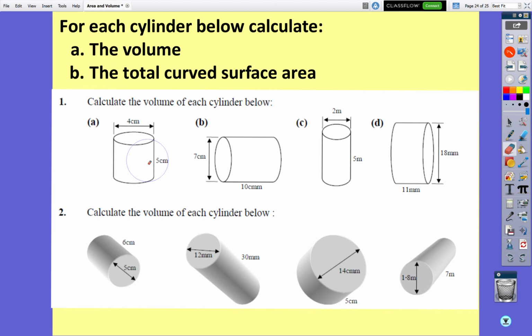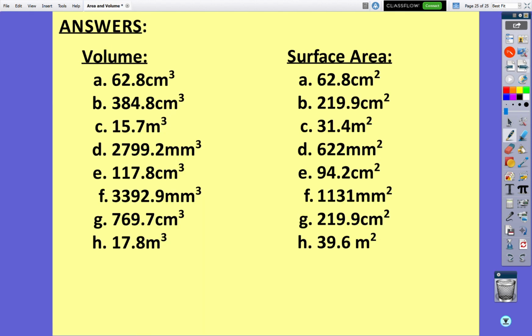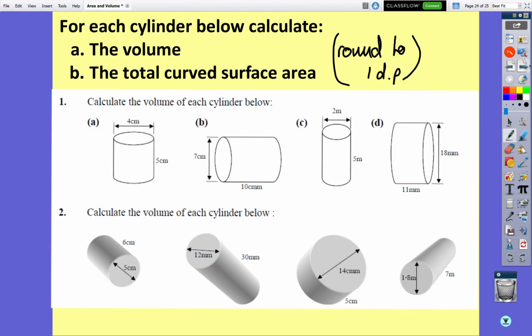If you were to calculate the surface area of a cylinder, you would include the top and the bottom, but we're not. I would also round to 1 decimal place. That's what I've done in the answers. And again, there's the answers there, so just make sure you can get to that. Take your time with it all.